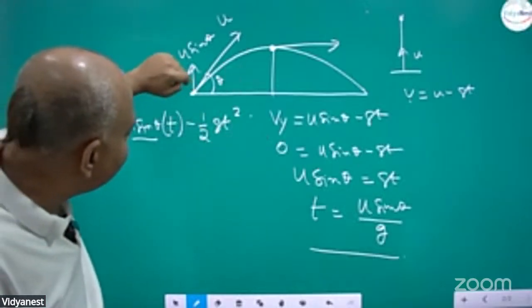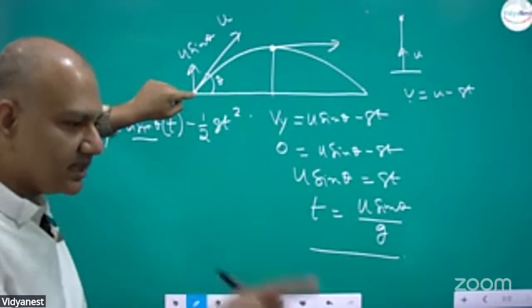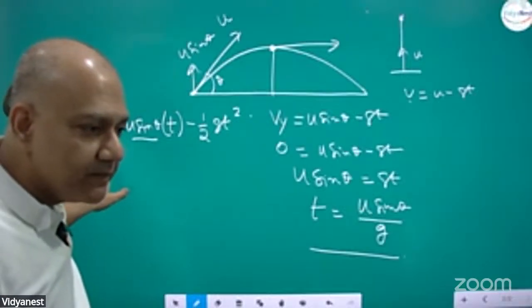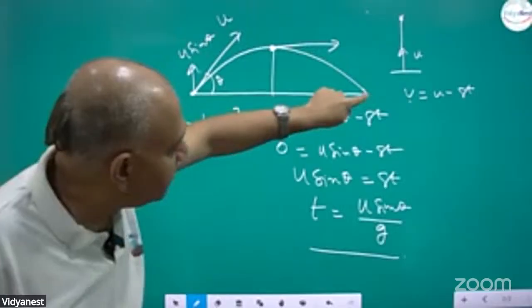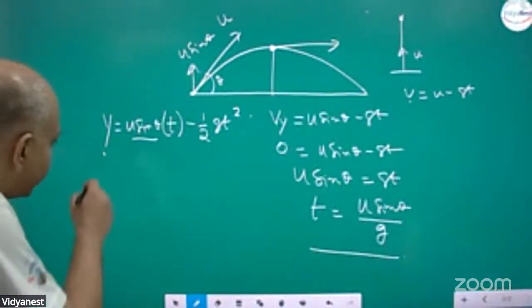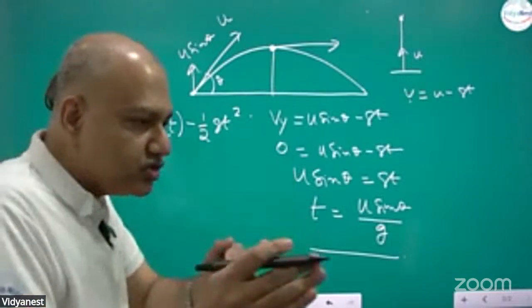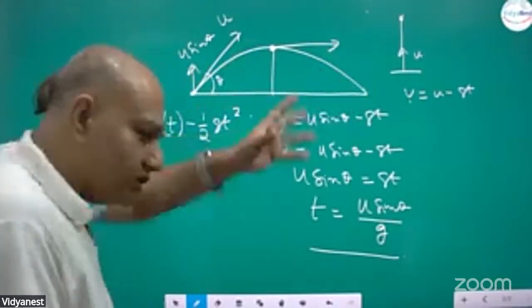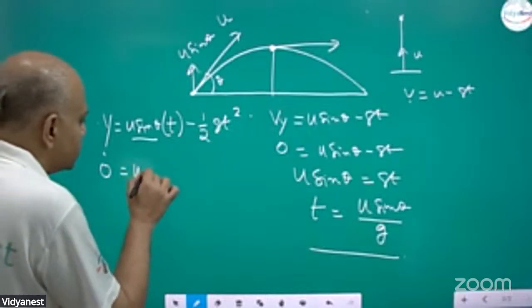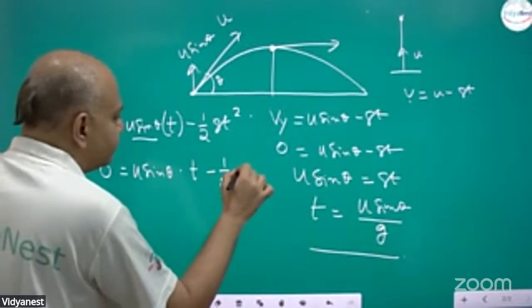Saurabh, when the particle started the motion, what is the y? Zero, na? Yes, sir. And when it is reaching this point, then also it is zero. Yes, sir. That's why we are putting zero. At the two extreme positions, starting position and end position, the displacement y is zero. Therefore, u sine theta into t minus half gt square.